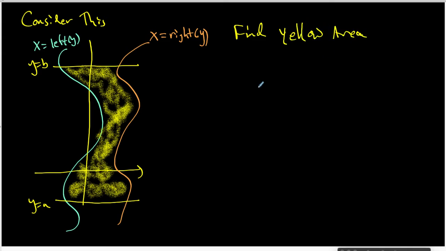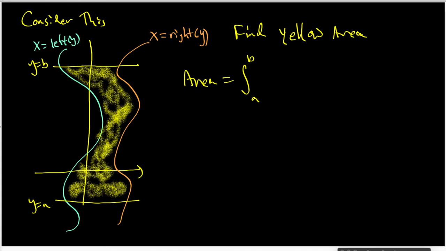Now, it should come as no surprise that this area should be a definite integral from y equals a to y equals b. The only thing is we need to figure out which of the two functions is playing the role of top and which is playing the role of bottom, since we're now looking at the world in a sideways fashion.